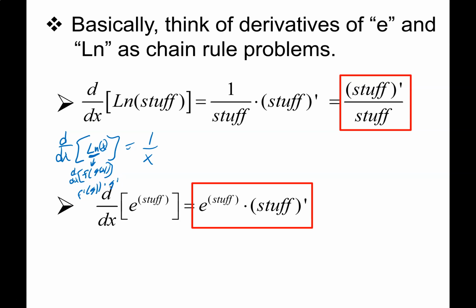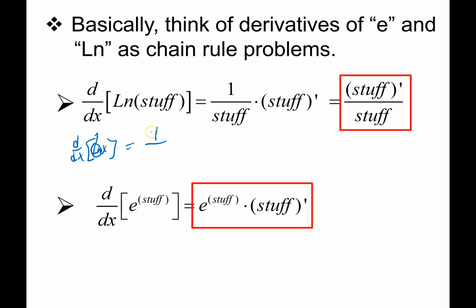So technically, when I derive ln of x, I derive the ln, my outer function, which gives me 1 over whatever.